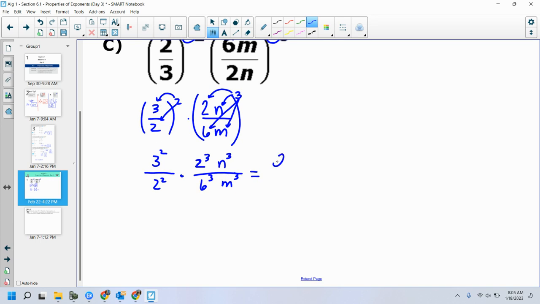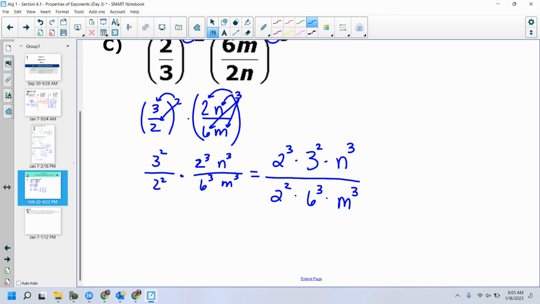This would turn into 2 to the third, 3 squared, n to the third. Look at all the pieces on the top. 2 to the third, 3 to the second, n to the third. All right. On the bottom, I would have 2 squared, 6 to the third, m to the third.